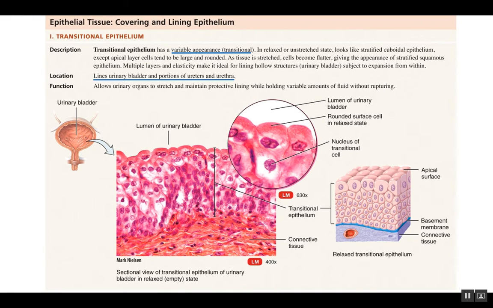You won't have to identify this one because of its variability, but you should be able to identify the function of transitional epithelium being able to stretch, and the location is in the urinary system. So for example, the lining of the bladder, the ureters, which transport urine to the bladder, and the urethra, which transports urine out of the bladder.